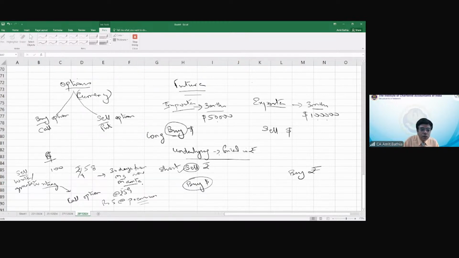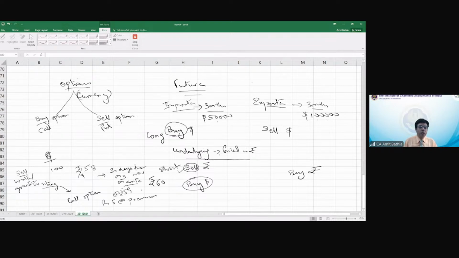Market rate is rupees 60. So will Miss Mamta exercise this option? Yes, she can buy at 59 instead of buying it from the market at 60.